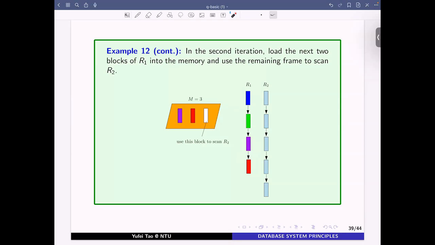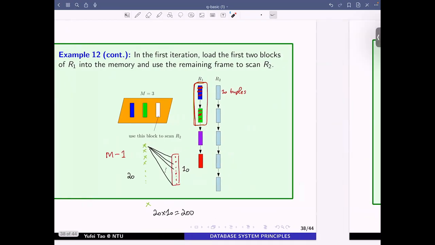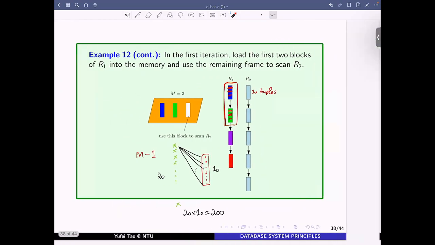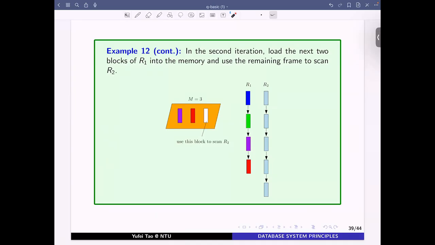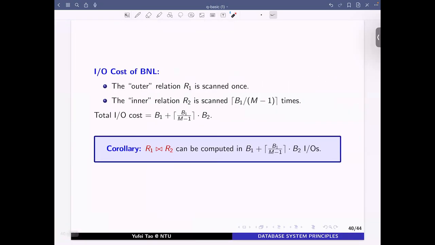But how about R2 though? Well, you see, we have two iterations here, right? So each iteration will read R2 in full, and therefore R2 is read as many times as the number of iterations. So in general, how many iterations do we have? Well, you can see the answer is this. Why?